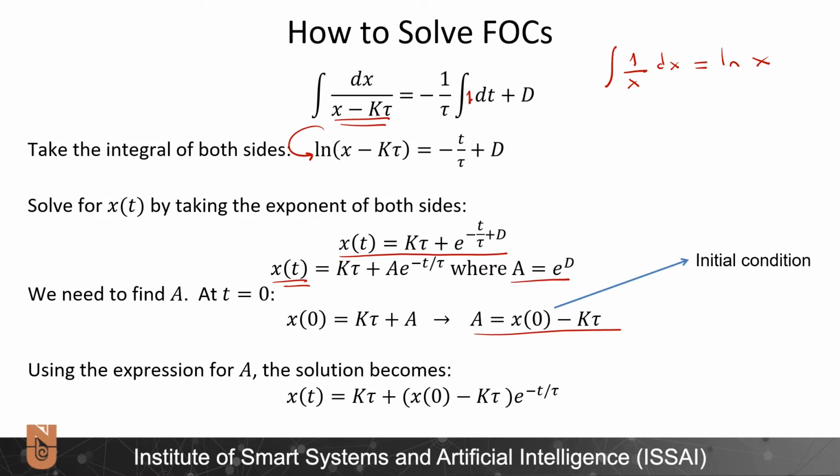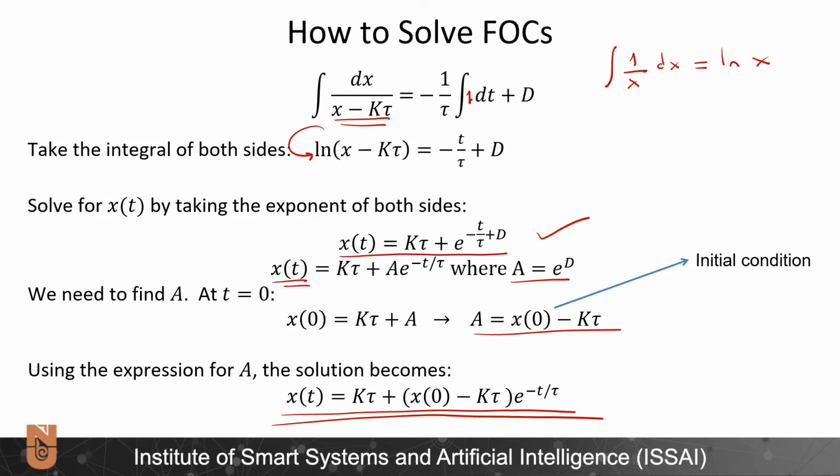Using the expression for A, I can write it into this expression, and then I end up with the final expression here, which just shows me the final solution for my first order differential equation. x(t) is equal to k times tau plus x0 minus k tau times the exponential decay term in the form of e to the minus t over tau.